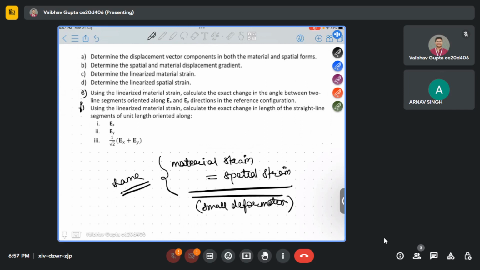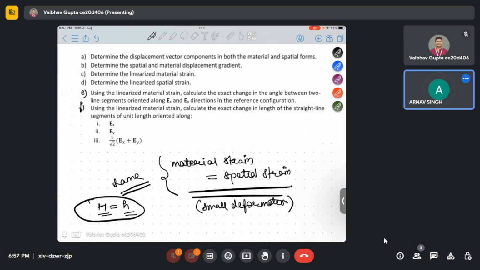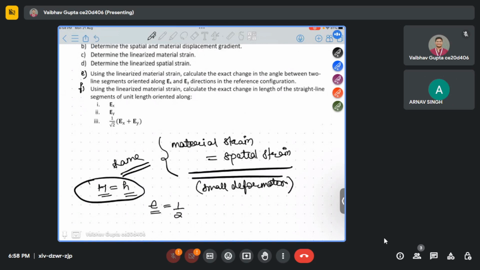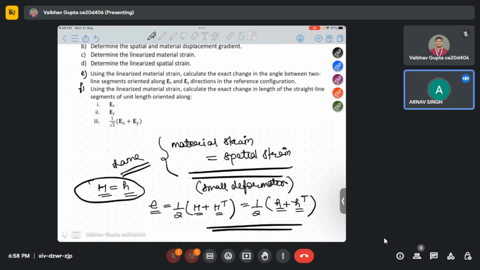I told you that capital H becomes equal to small h when the order is 10 to the power minus 3. So either you write strain is equal to half of capital H plus capital H transpose, or half of small h plus small h transpose. Both are same. So material strain is equal to spatial strain.